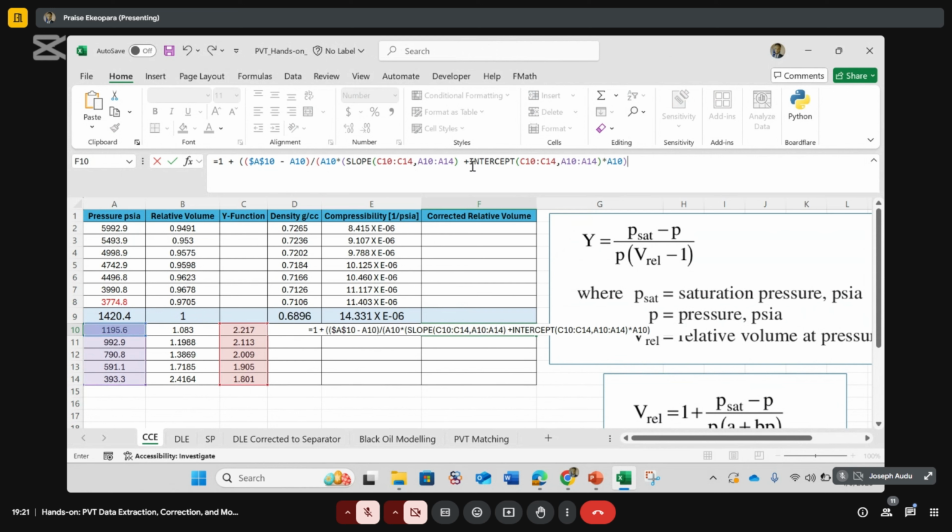Okay, let's just cross check. Do I have slope plus intercept times this, then this times this, then divided by. So everything should be in order. Let me just confirm one more time.